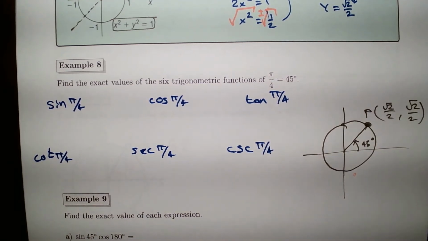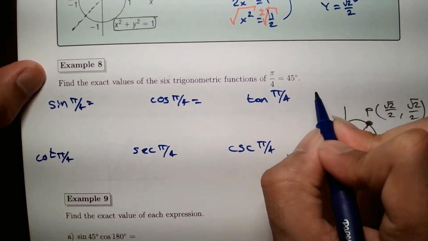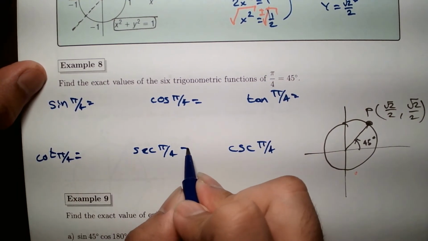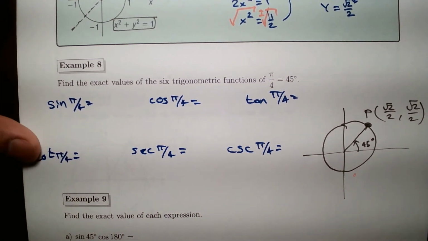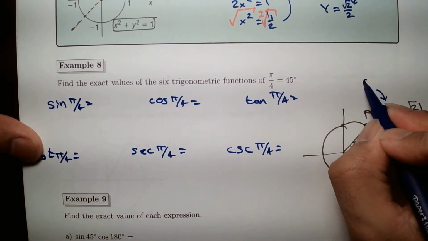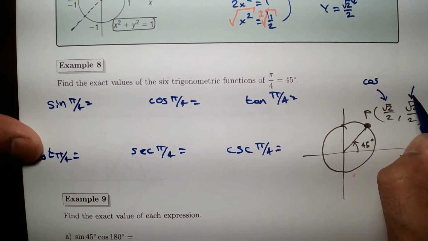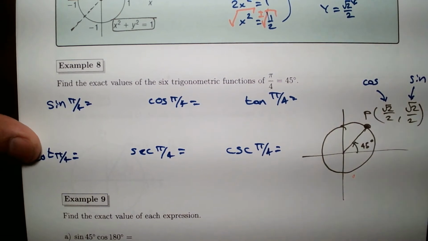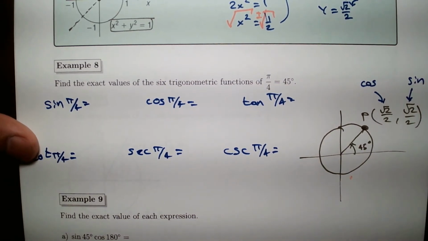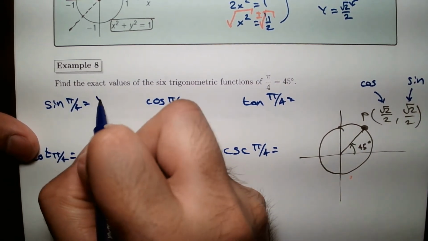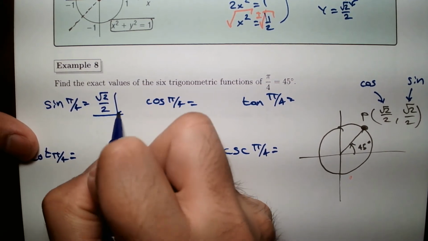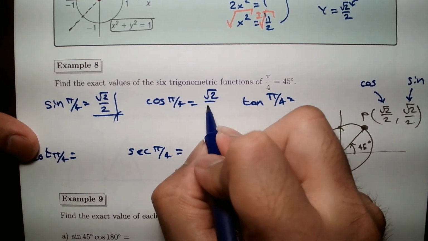All right, so let's go with this circle right here. So keep in mind again that the x component is our cosine and the y component is our sine function. All right, so sine is simply root of 2 over 2. Got it. Cosine, root of 2 over 2 as well.